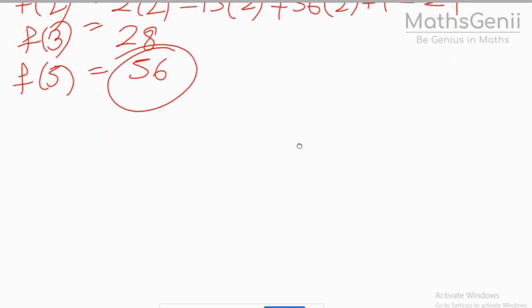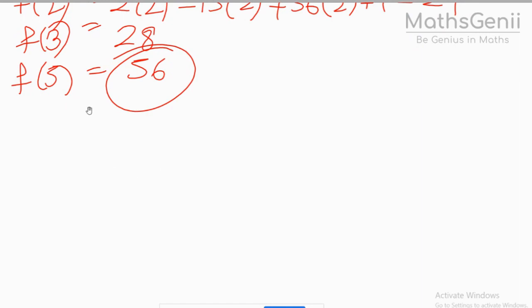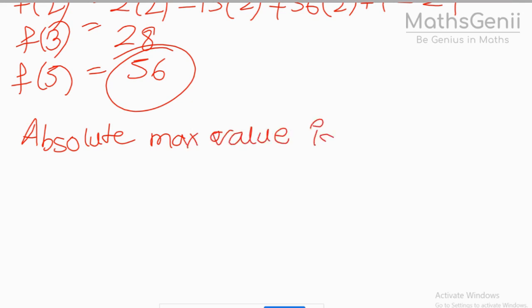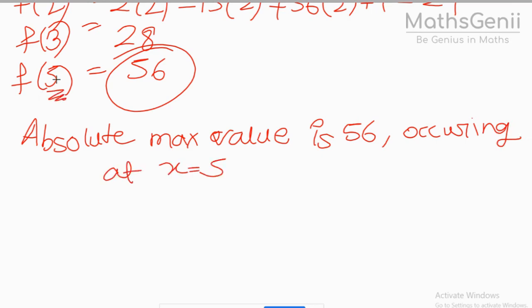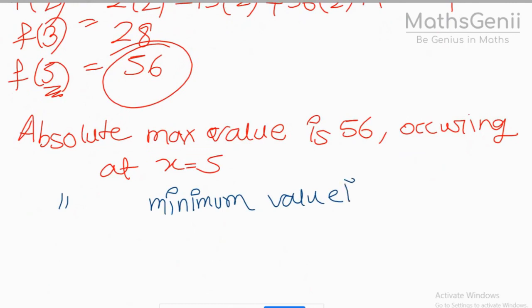So we conclude that the absolute maximum value of f is 56, occurring at x is equal to 5, and the absolute minimum value is 24, occurring at x is equal to 1.